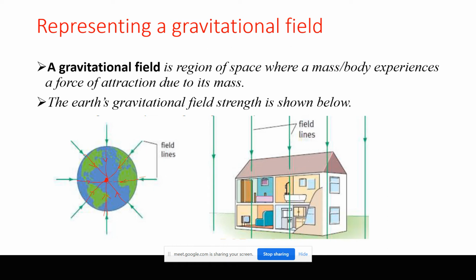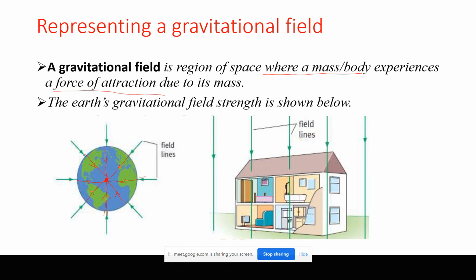Any other object which has a mass has a gravitational field, because a region of space where a mass experiences a force of attraction due to another mass is what we call the gravitational field. This force is always attractive.